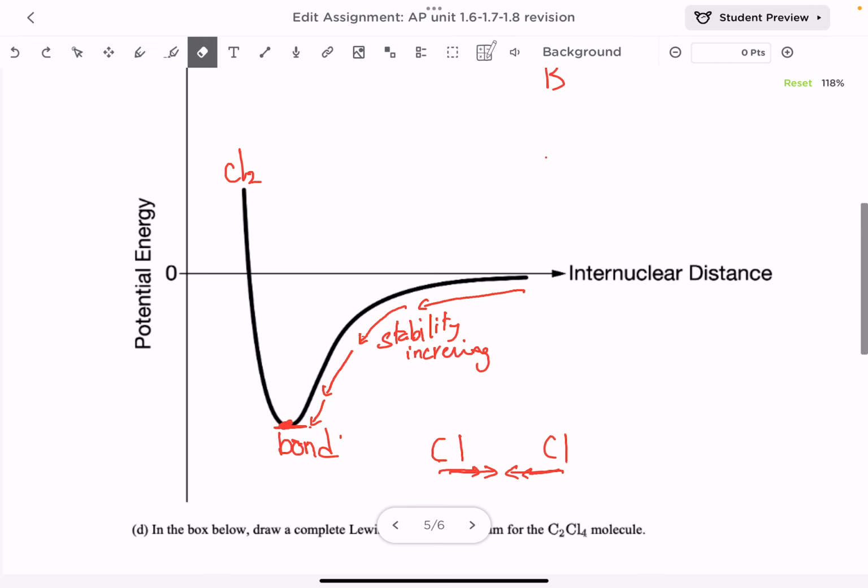I might record another video in my tutorials to explain how we understand this potential energy diagram.